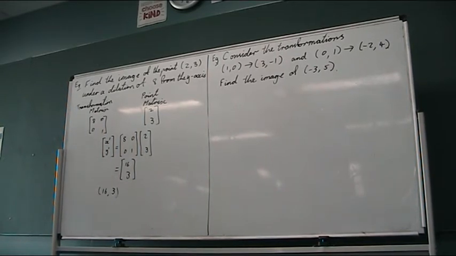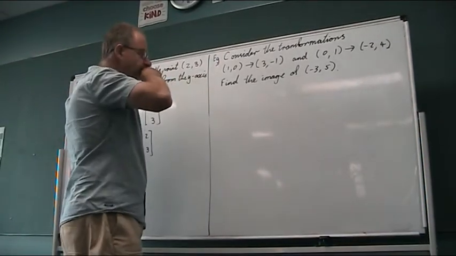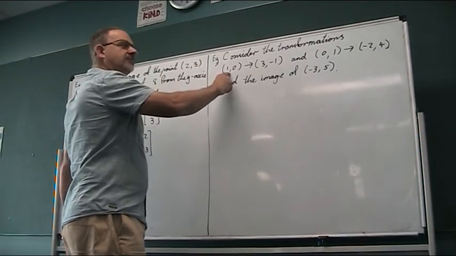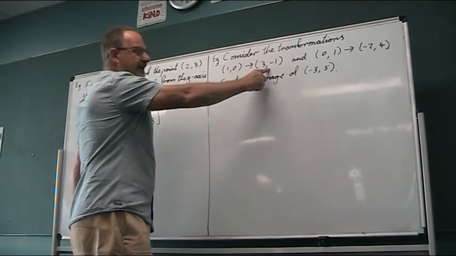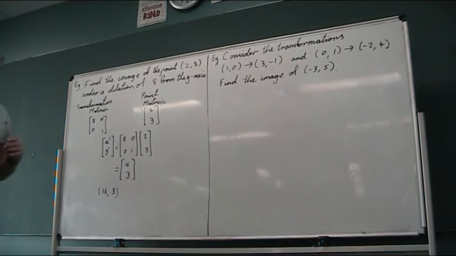All right, so here this transformation is a bit more complicated. We've got this point gets mapped to that, and this point gets mapped to there, and as you can see, the x value and the y value change in both cases.